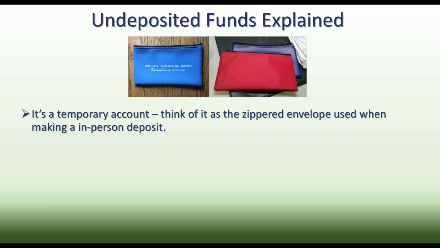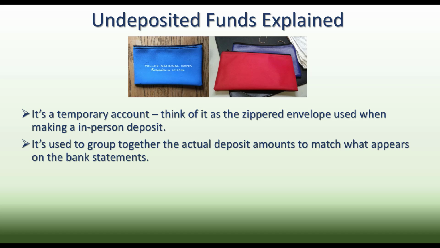When we also talk about undeposited funds, this is where we're grouping the actual payments together before making the actual deposit in the bank. It's designed to match the actual deposit amounts to what appears on the bank statements.